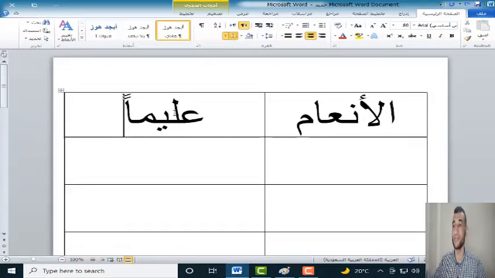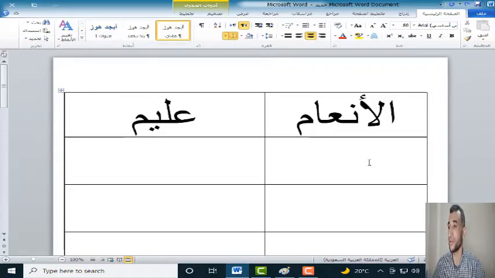Here we can find that the Nun of the Tanween is not original. It is an extra Nun attached at the end of the word. So if we remove the Nun of the Tanween, the meaning of the word will not be changed. Okay? So let's have the second difference.